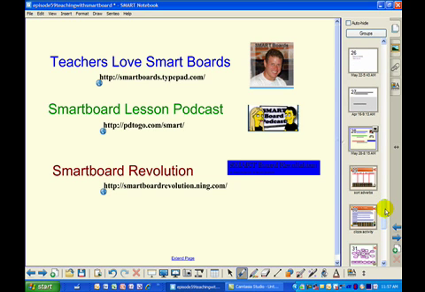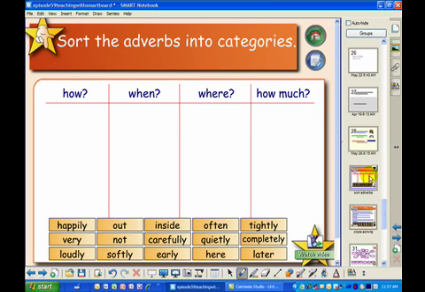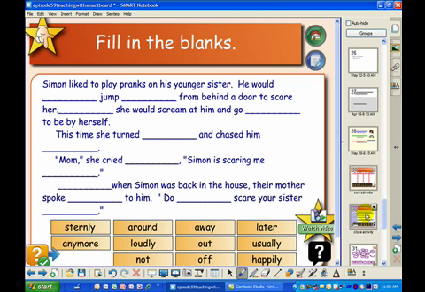Okay, some goodies. For the Lesson Activity Toolkit 2.0, they have some examples here. You can see the words written out at the bottom, and the categories where they go. This is all set up for you, easy to edit. Next one, fill in the blanks.